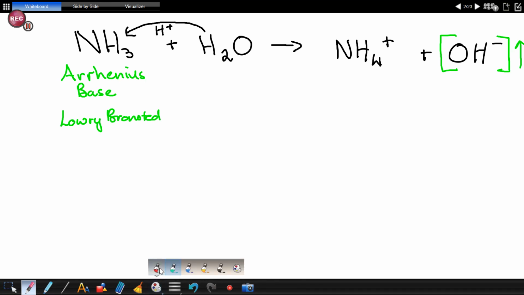The water in this case is a Lowry-Bronsted acid. It is nothing in terms of Arrhenius. Arrhenius does not define the water as an acid because the water is not forming the oxonium ions.